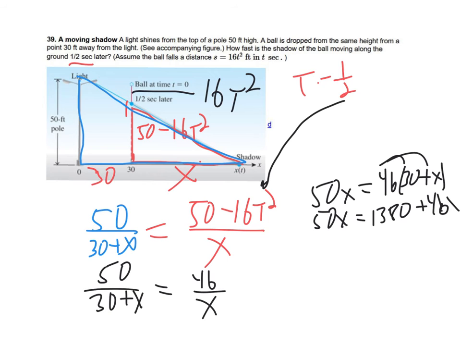Because I'm distributing both of those. So I need to bring the 46x over here. That leaves me 4x equals 1380, and I divide by 4, x equals 345. So that we want to hold on to because we'll need that for later on.